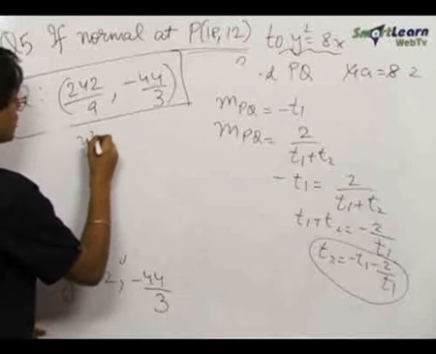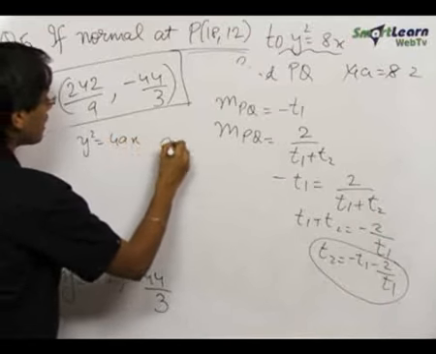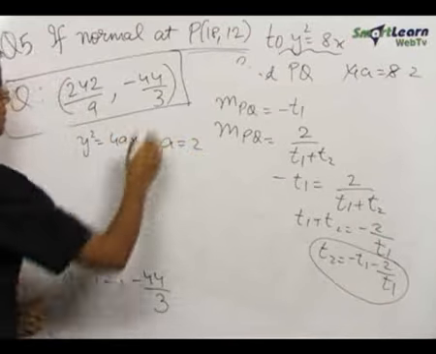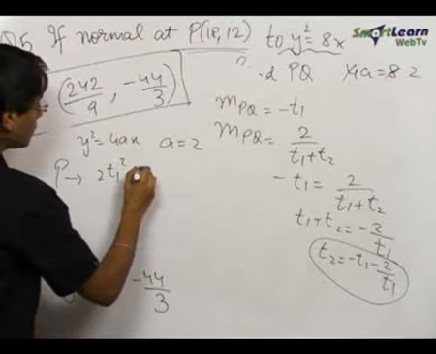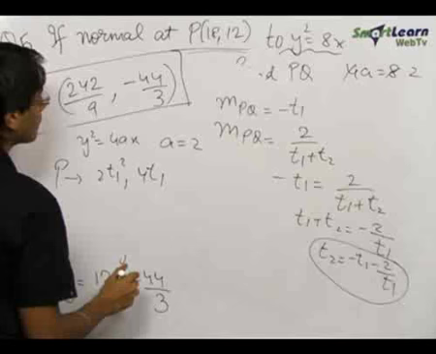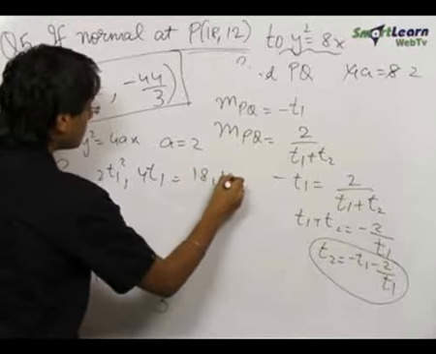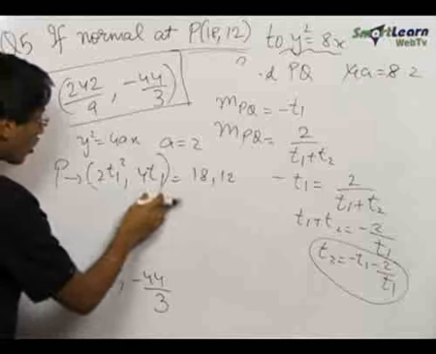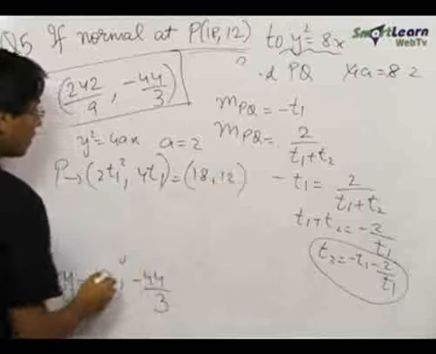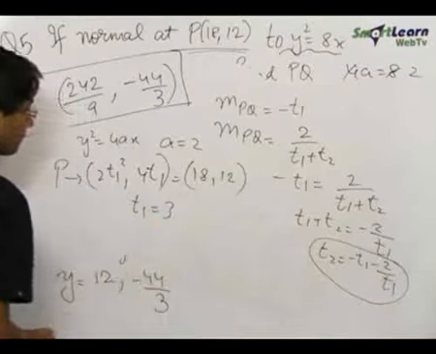Here we have y² = 4ax, where a = 2. Hence our point P can be written as (2t1², 4t1), which is equal to (18, 12). Very clearly, on comparing both, we get t1 = 3.